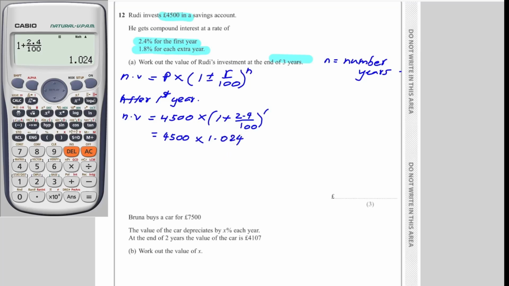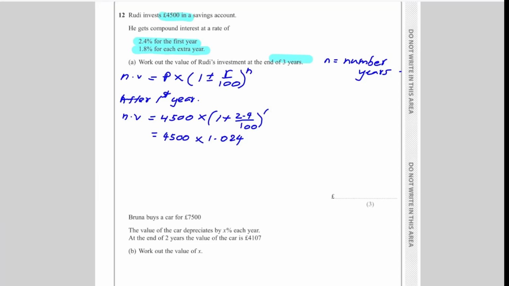So when we multiply them together, 1.024 into 4,500 equals 4,608. That's the answer for the first year.